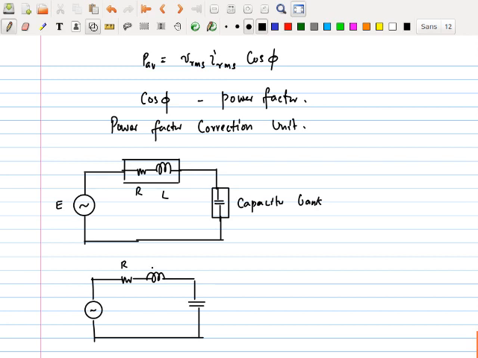This is R, this is L, this is C. To make an AC circuit out of this, we have to replace these with their AC equivalents. I will replace this with R, this with jL omega, and this with 1 over jC omega.